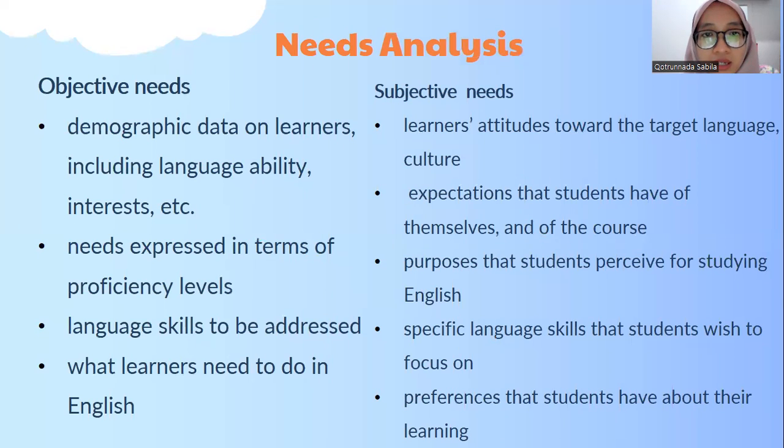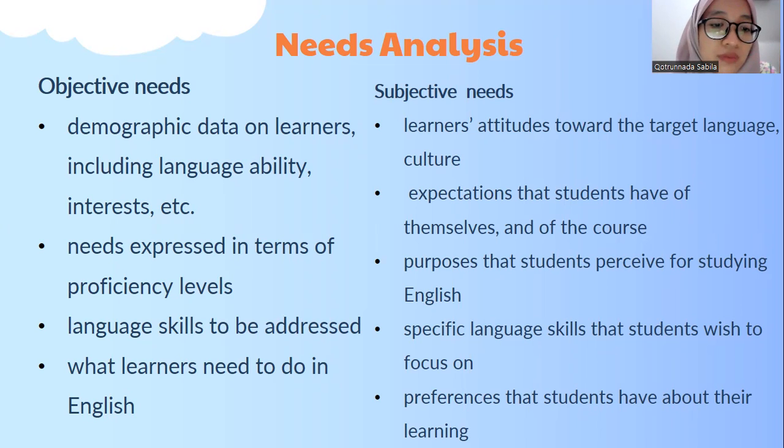And then needs analysis. The second step in the process of developing or understanding a course centers on the needs that the course presumes to address. It is important to identify at least two types of needs: objective and subjective. Objective needs are those that can be relatively easily measured, quantified, or specified, with agreement by administrators on what constitutes defined needs.